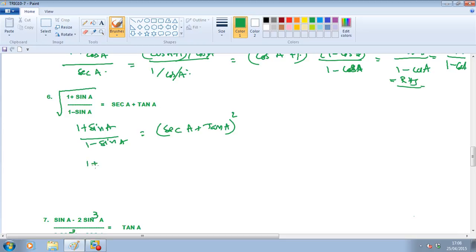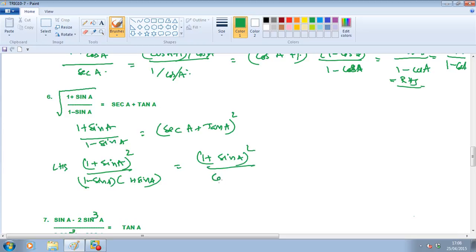Then we'll make it 1 plus sin A, the whole square, divided by 1 minus sin A multiplied by 1 plus sin A. It's like A plus B multiplied by A minus B. It will become 1 minus sin square A, which is equal to cos square A. So it is 1 plus sin A the whole square divided by cos square A.